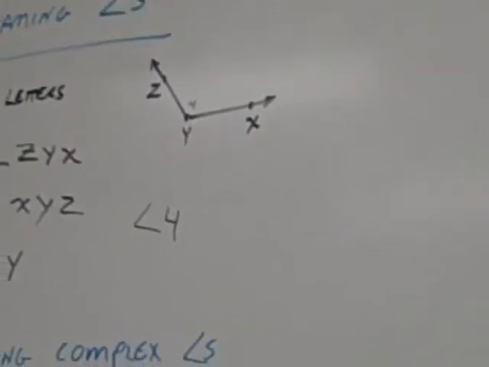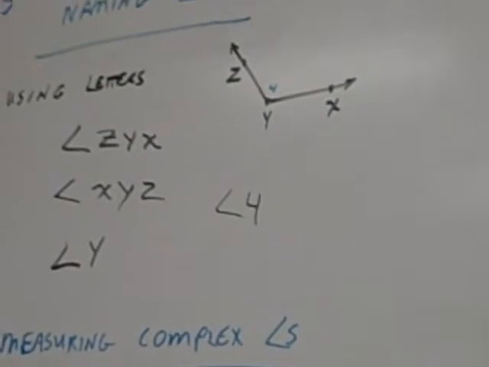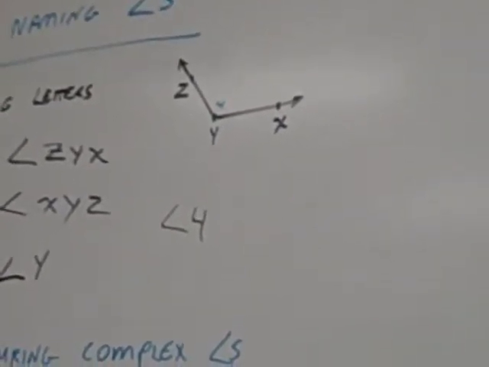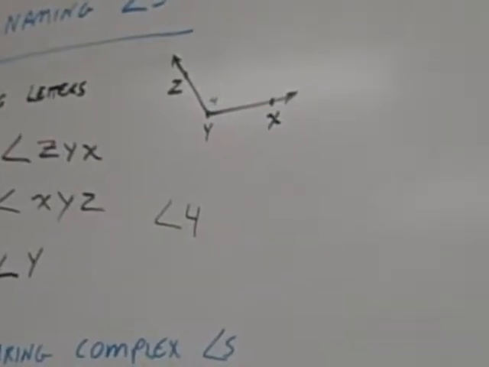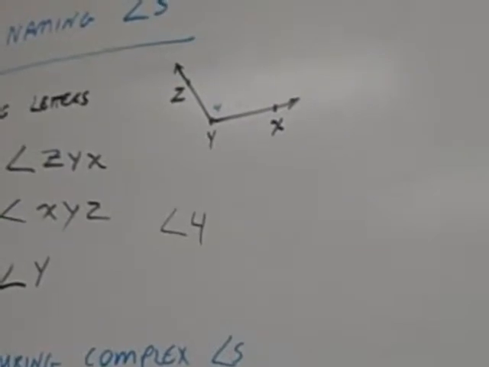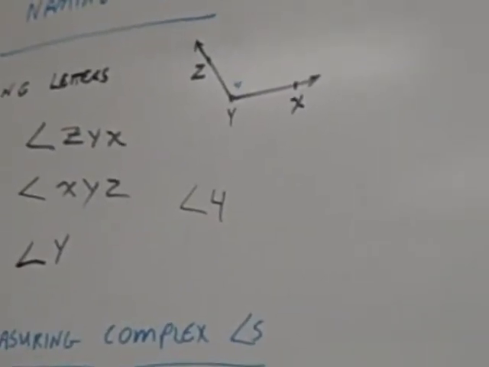I didn't say a degree measure, did I? No, I said a number in it without a degree symbol. You could name that one angle 4. So there's 4 ways of naming a single angle. Okay, is everybody okay with that? Because in a little bit we're going to have to be able to do that.